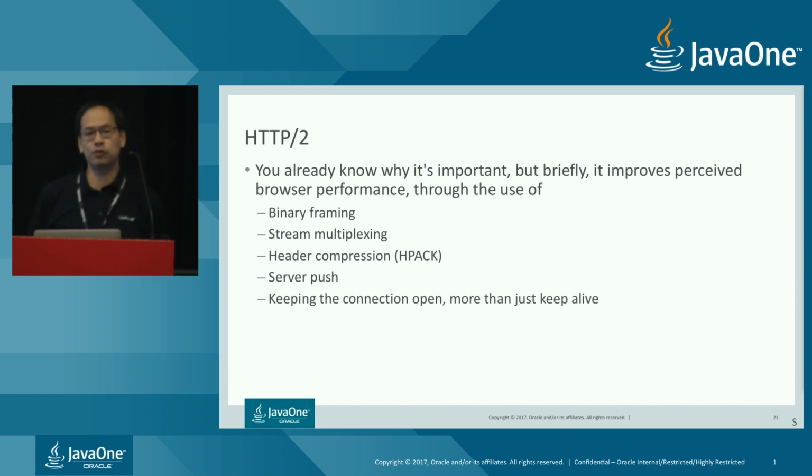Now, the third feature that we have in HTTP/2 to improve browsing performance is header compression. If you take a look at the communication between a given browser and a server, you will notice that most of the time a lot of the headers they send across the wire are actually the same. For example, what content type or MIME type a browser will accept needs to be sent across the wire every time.